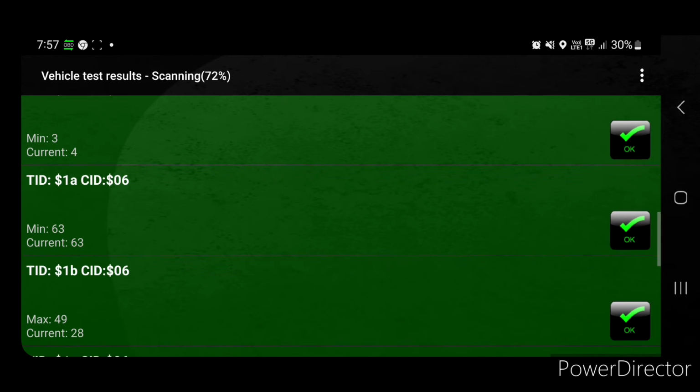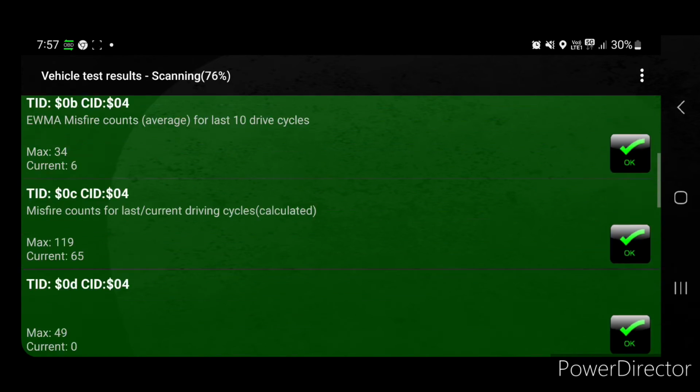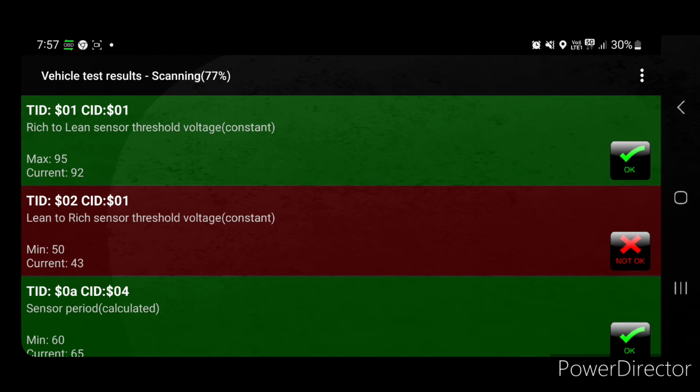So actually, guys, this fault showed up twice, and I erased it, and it's persisting, and it tells me that there is really something wrong with either the catalytic converter or the O2 sensor on the downstream.